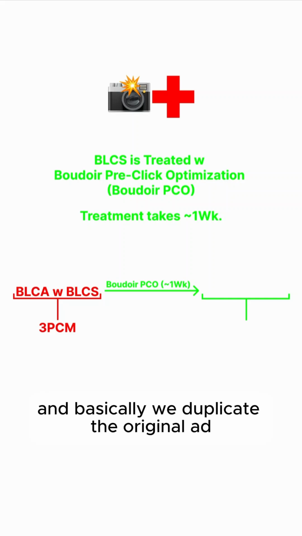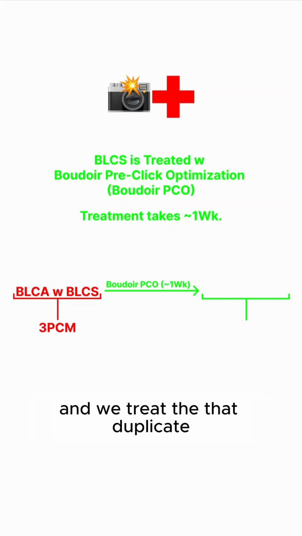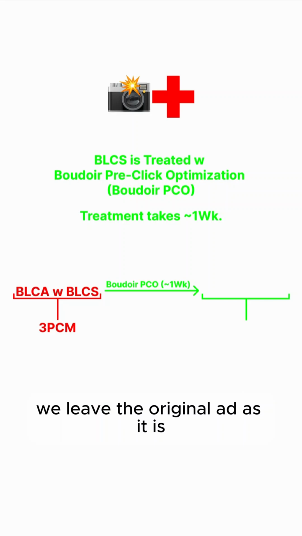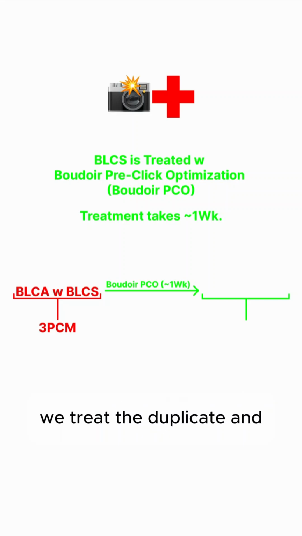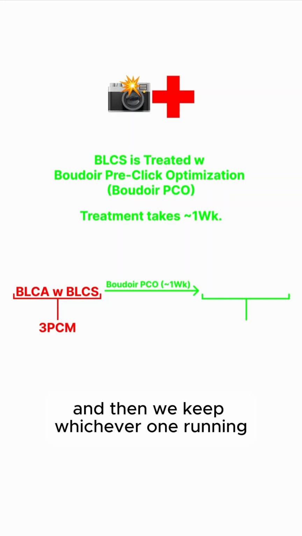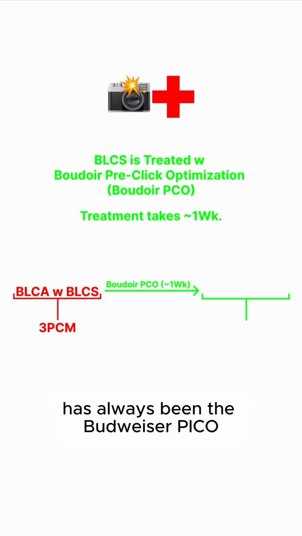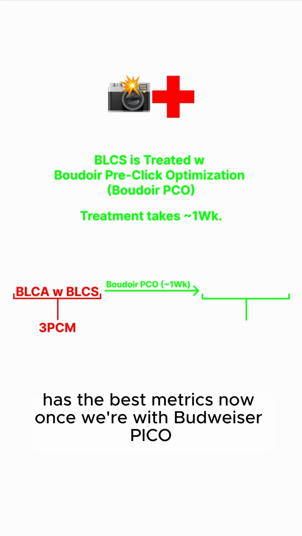Basically, we duplicate the original ad and we treat that duplicate. We leave the original ad as it is, treat the duplicate for a week, and then we keep whichever one has the best metrics running, and it has always been the Boudoir Pico that has the best metrics.